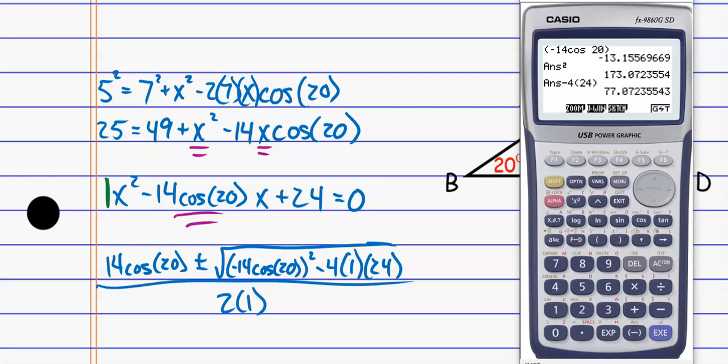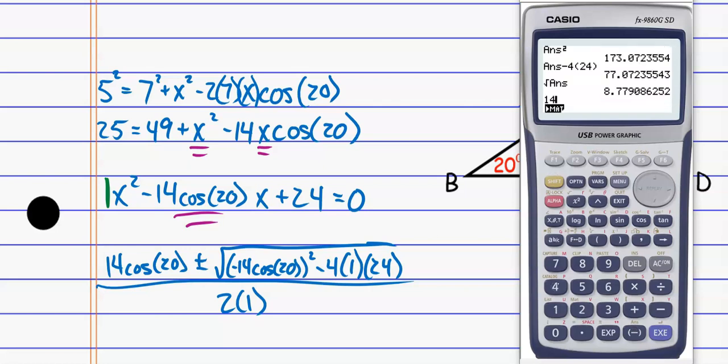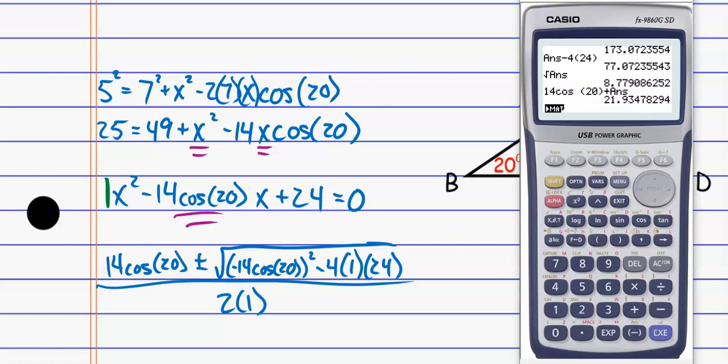And now I want to take the square root of that, and this is where I use my answer button. Notice I'm controlling order of operations. Now I want to do 14 times the cosine of 20. I'm going to put that in parentheses here, to make sure it understands that I'm closing out that cosine. And then plus my answer. And now divided by 2. And so I get 10.98.